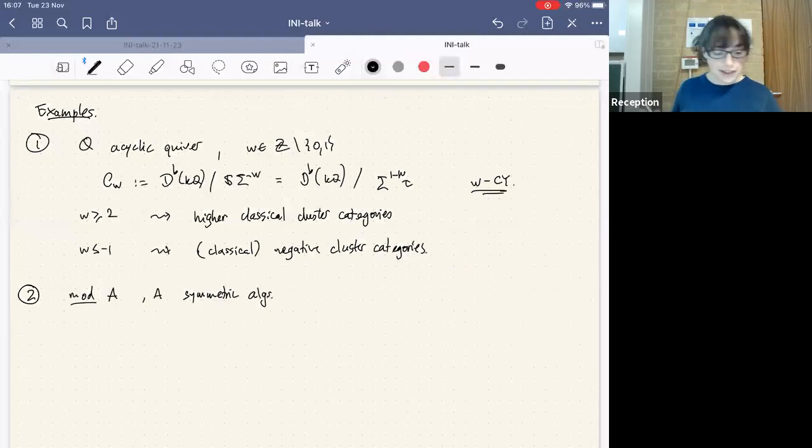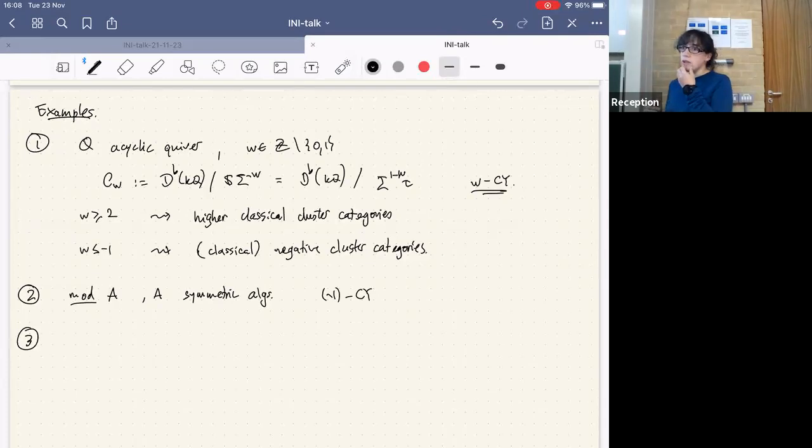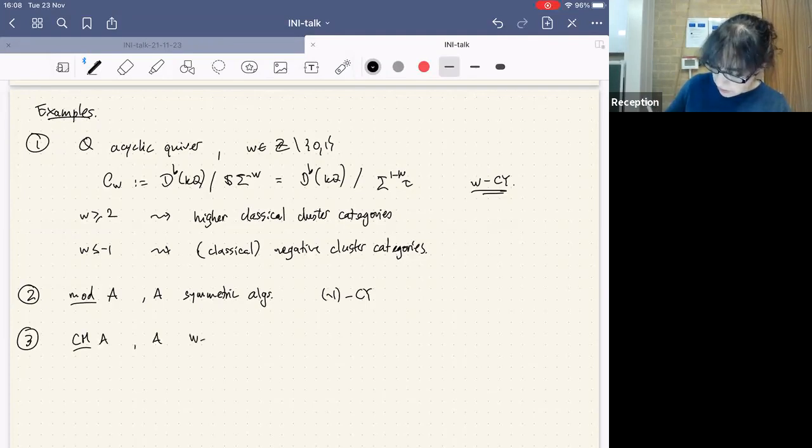These are -1 Calabi-Yau. There's also recent work on negative Calabi-Yau categories in the setting of Koszul modules, so you can consider stable categories of Koszul modules for algebras called w-self-injective.